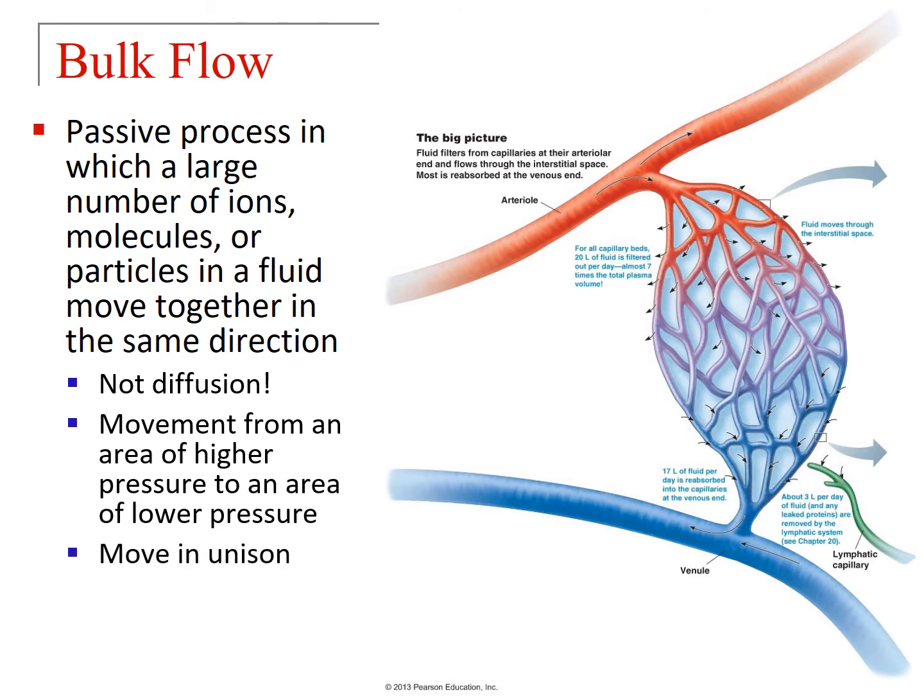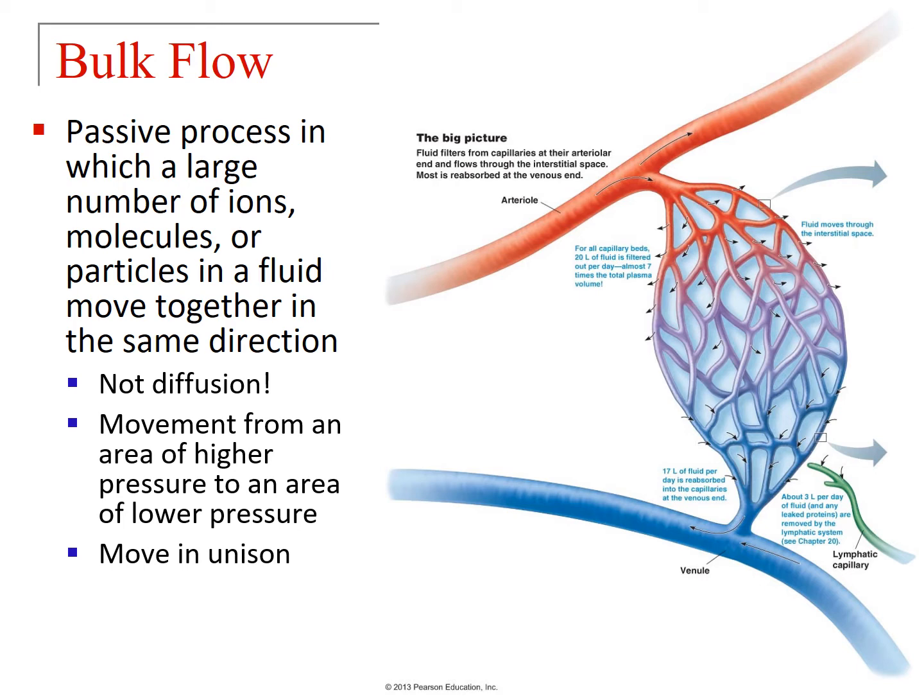So what that means is that these materials, the ions, molecules, and particles in a fluid, you're going to have a lot of different things moving in unison. If you'll recall, in diffusion, particle size can actually make a difference in the rate of diffusion. And so if you had a variety of different materials that were diffusing across a membrane, they would diffuse at different rates.